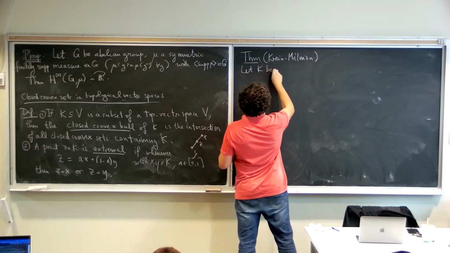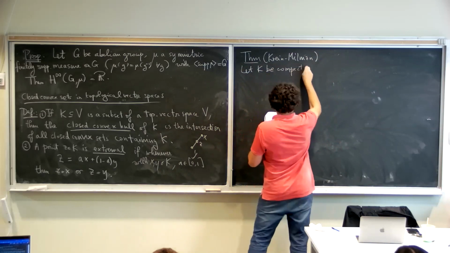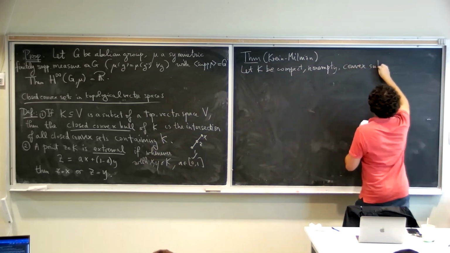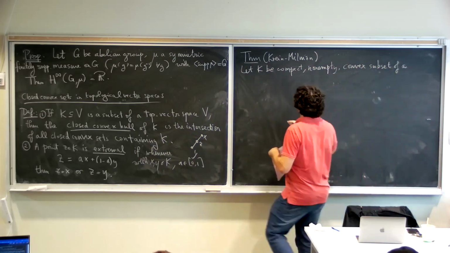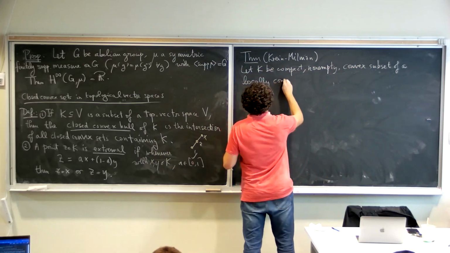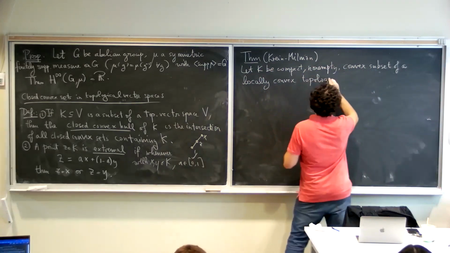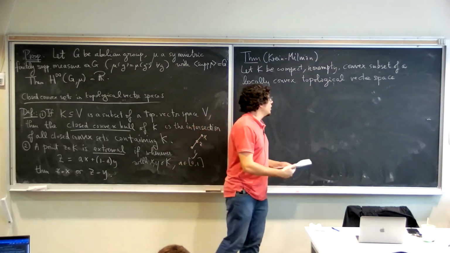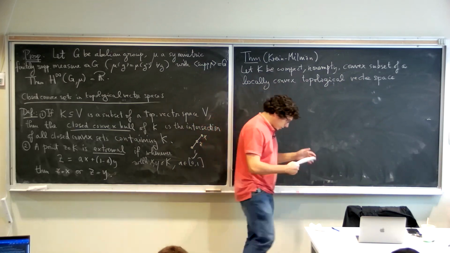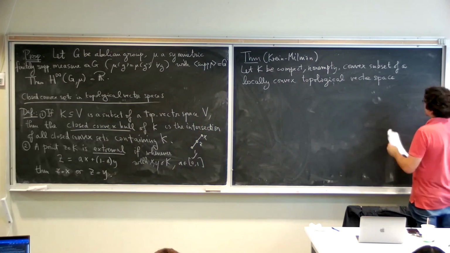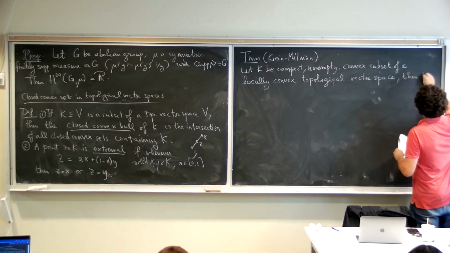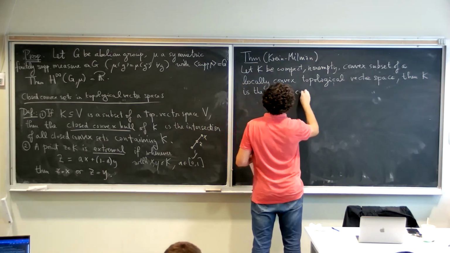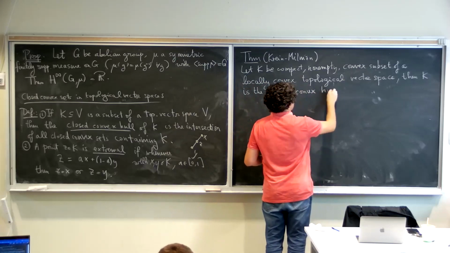If K is a compact, non-empty convex subset of a locally convex topological vector space, for instance a vector space whose topology is given by semi-norms, or in the normed case which is easier, then K is the closed convex hull of its extremal points.